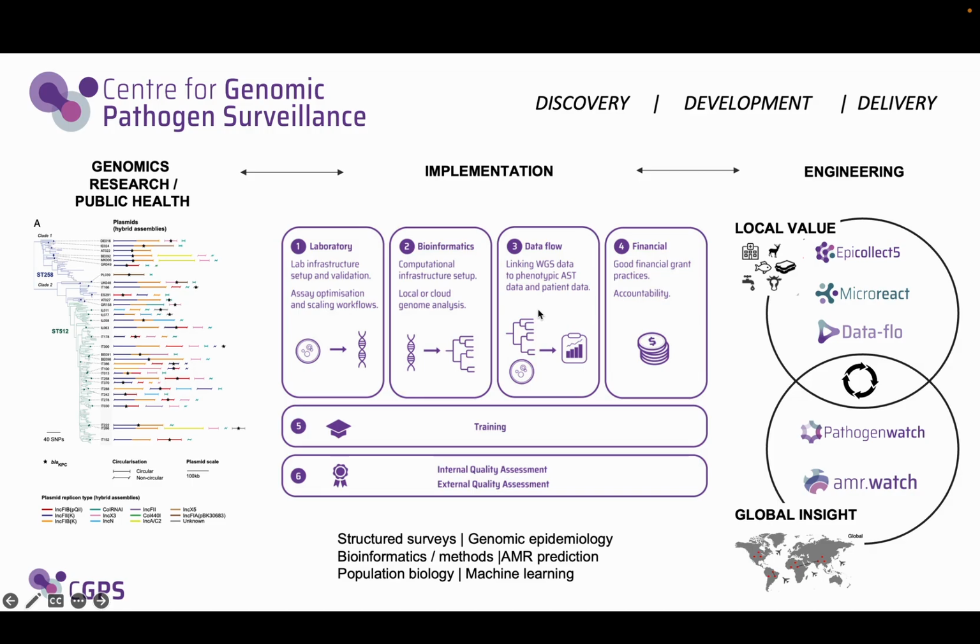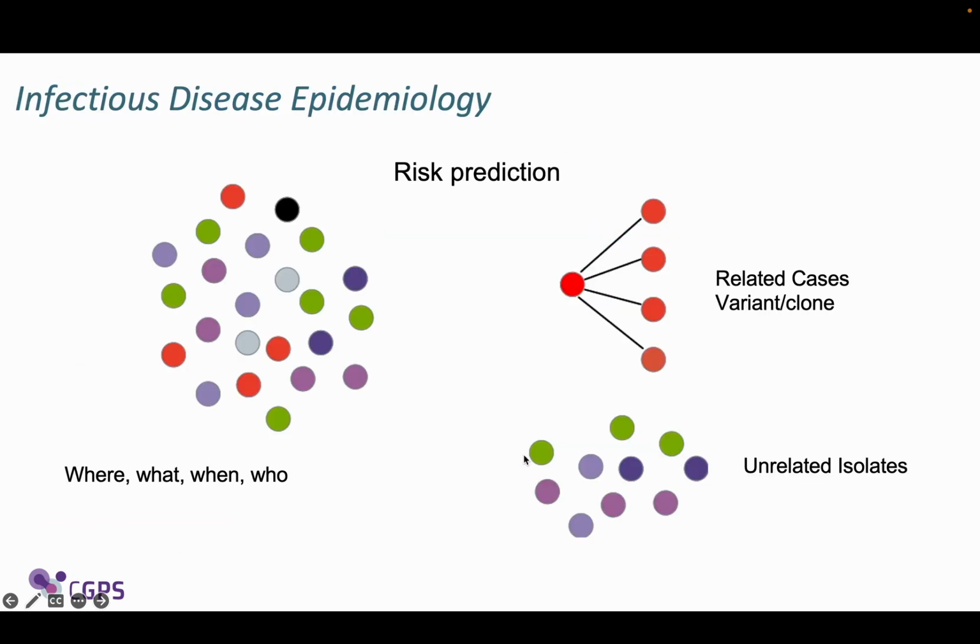Implementation, how do we develop technical support packages for the use of genomics in different settings, lab, bioinformatics, etc. And then we have a real focus on engineering. How do we develop tools and methodologies that really support the translation of the research and the understanding that comes out of large genomic data sets through implementation for public health value.